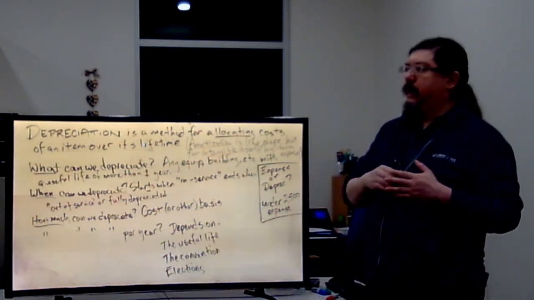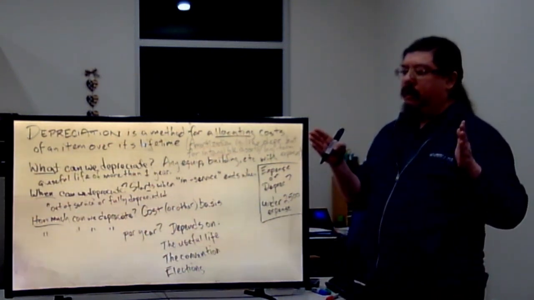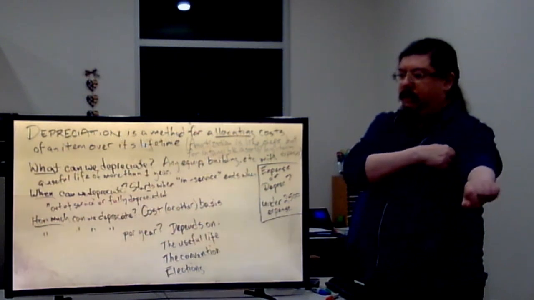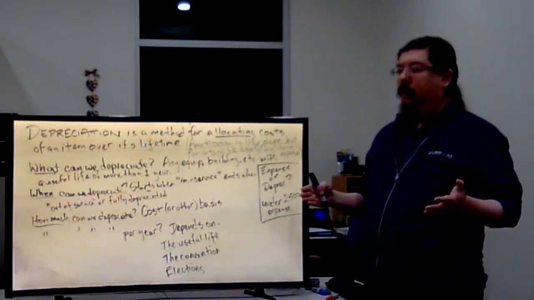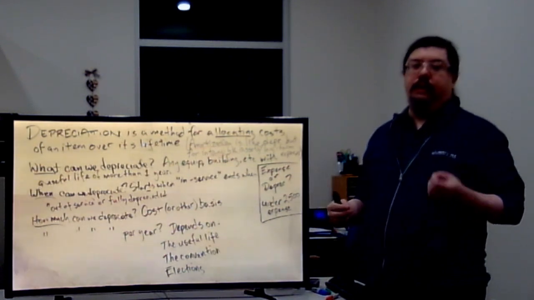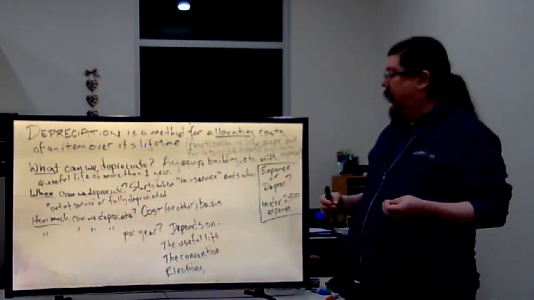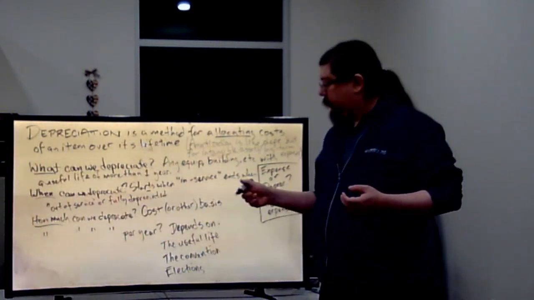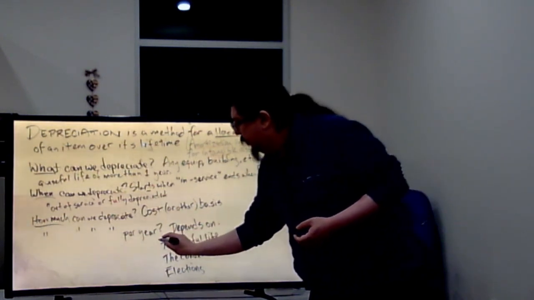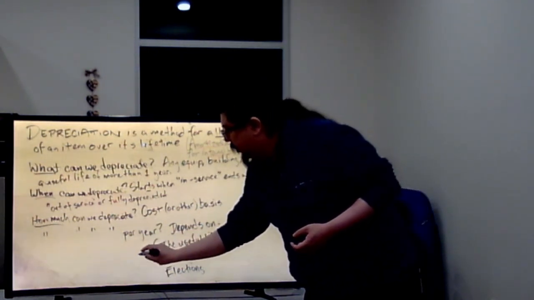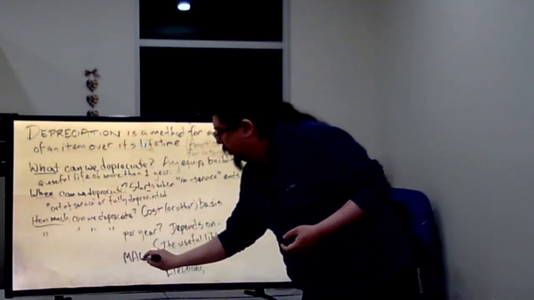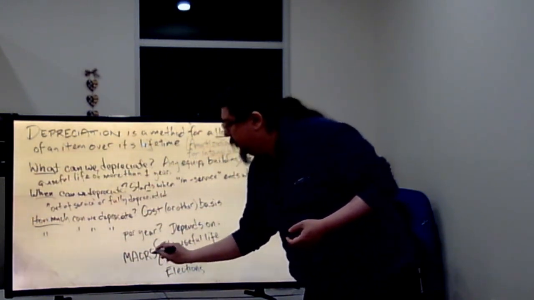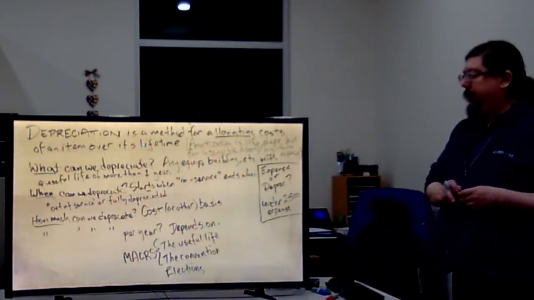The tax code actually has specific categories that every piece of equipment or building falls into that tell you what the useful life is. So both of these are going to fall under something called the modified accelerated cost recovery system, or MACRS for short.